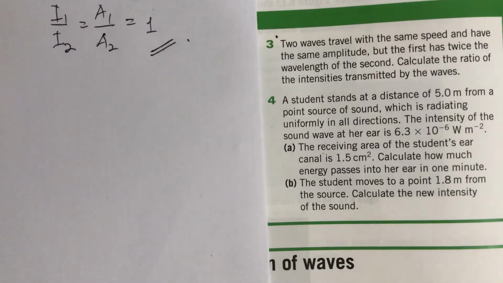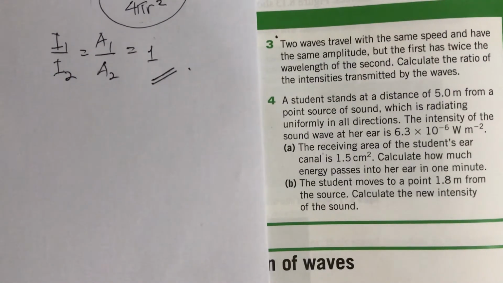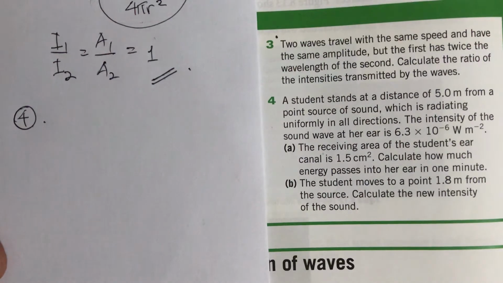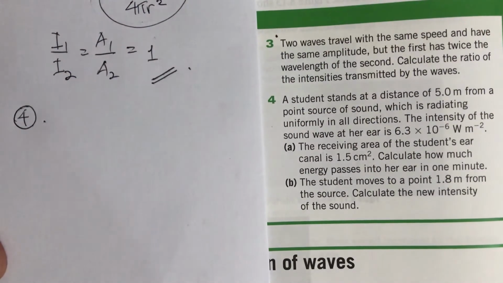Okay, number 4. We read it first. A student stands at a distance of 5.0 meter from a point source of sound, which is radiating uniformly in all directions. The intensity of the sound wave at her ear is 6.3 times 10 to the minus 6 watt per meter squared.